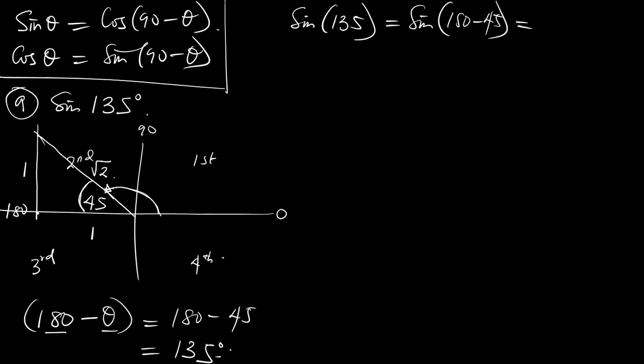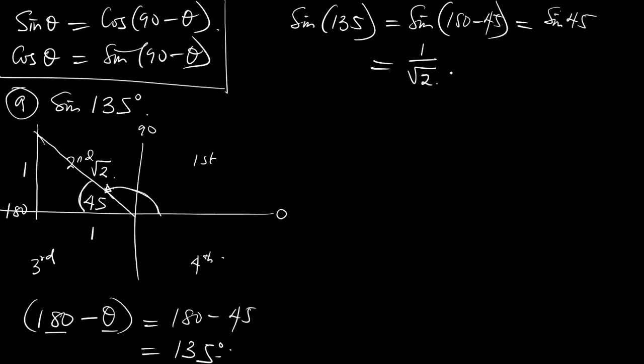From here, the opposite is the y-axis, and the y-axis is positive, so sine is positive here. So that means we have sine 45, and sine 45 is equal to 1 all over the square root of 2.